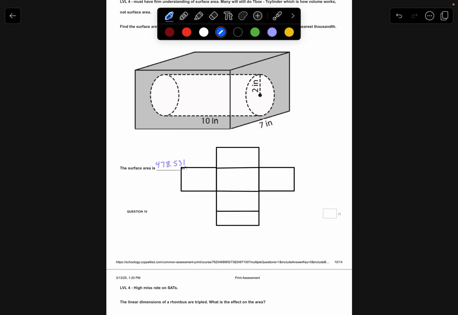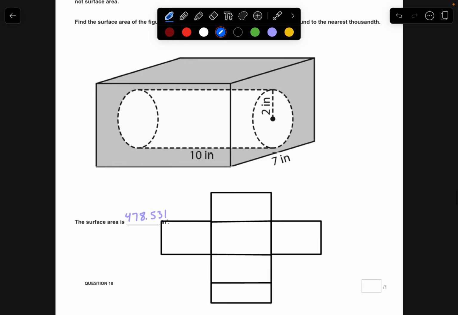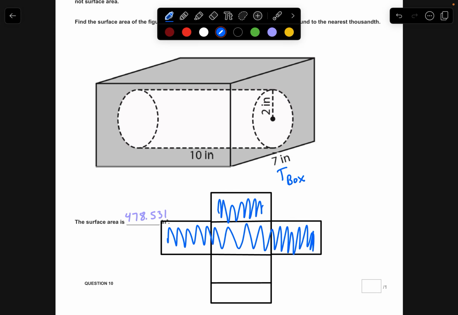Now, when I get the surface area of the box, my plan here is going to be to do the total of the box. Well, that is all of this. That's all of that. There's a problem. In this shape, the right side and the left side have circle-shaped holes.